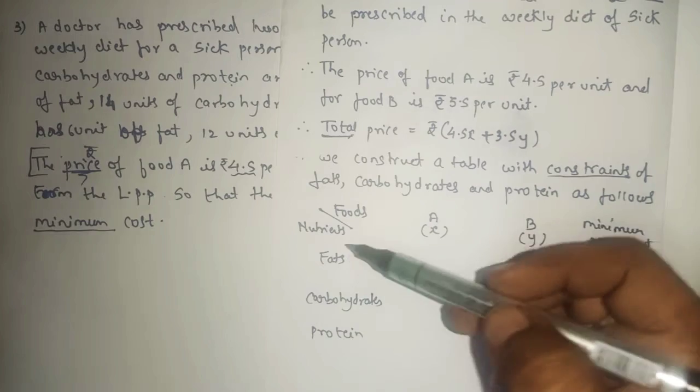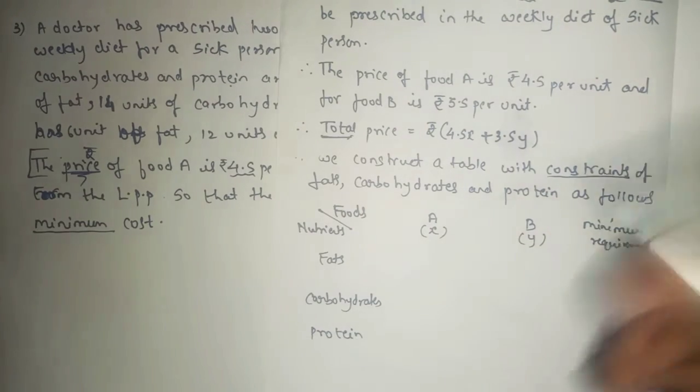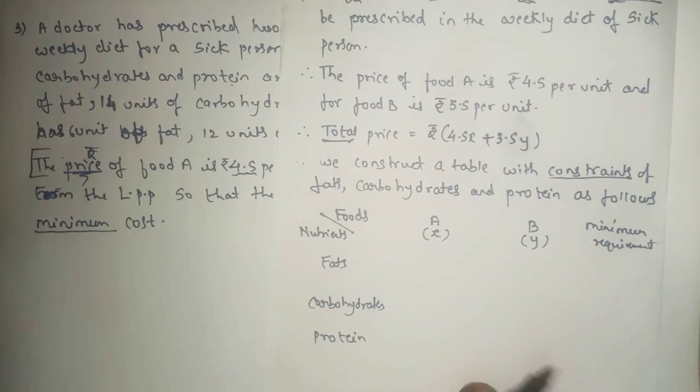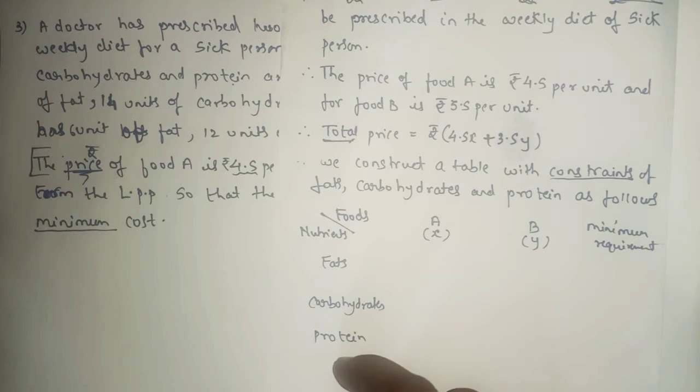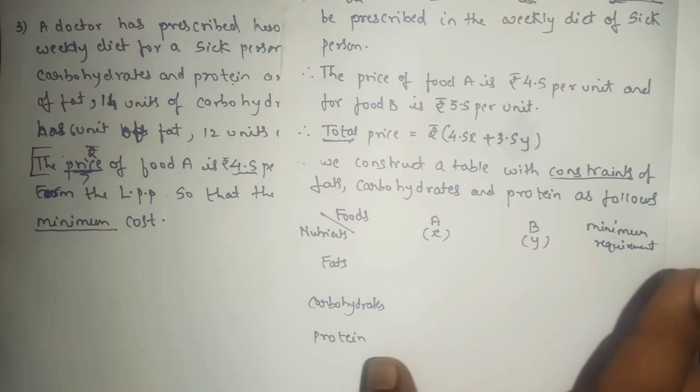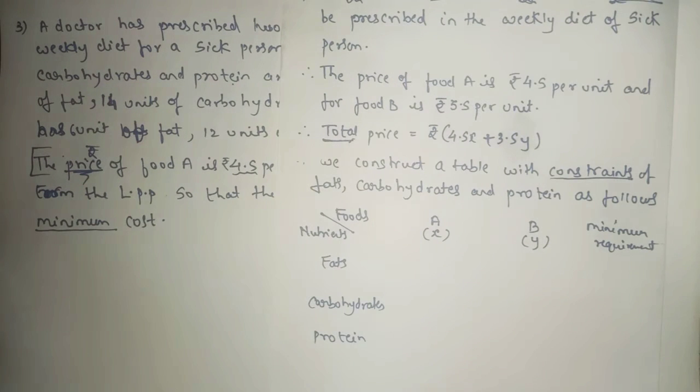And in this section the nutrients will come. Don't consider X for fat, Y for carbohydrates, and Z for protein. From here we can guess that our connection with the sum is wrong, because whenever you frame the equation, it will be a linear equation in two variables, or a linear equation in one variable.